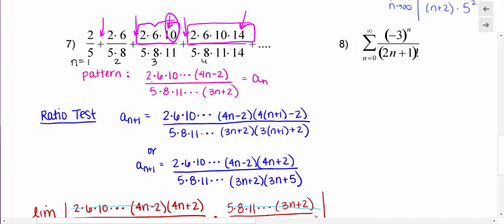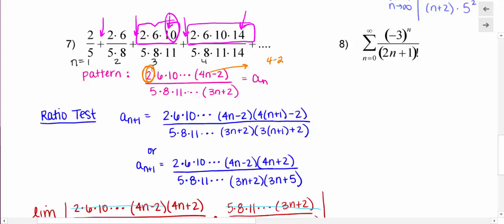And so what I look at is the pattern of this, or my a sub n, is going to be 2 times 6 times 10 times dot dot dot. Well, if I look at these values, 2, 6, and then 10, I'm adding a constant value of 4 every time. So that's how I come out with that 4n portion. And then to get that first term of a 2, I would subtract 2. So if n is 1, that would be 4 minus 2, or just 2, and so I would stop at the 2 part.